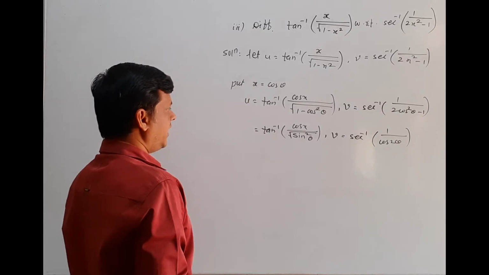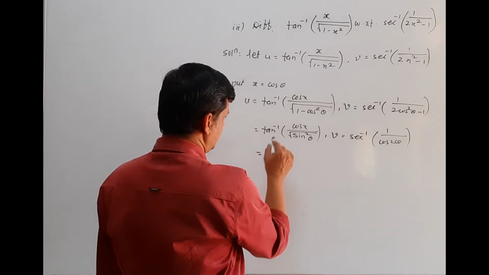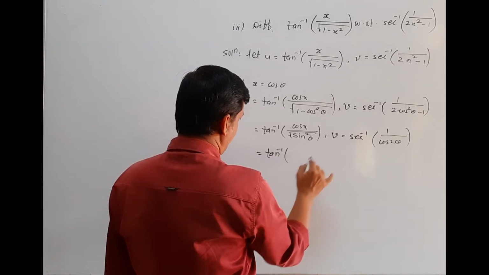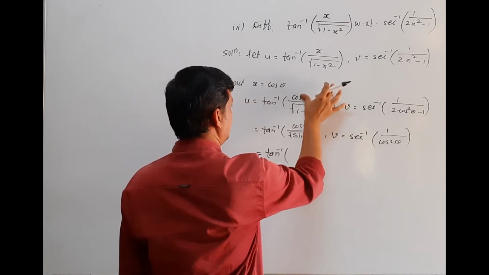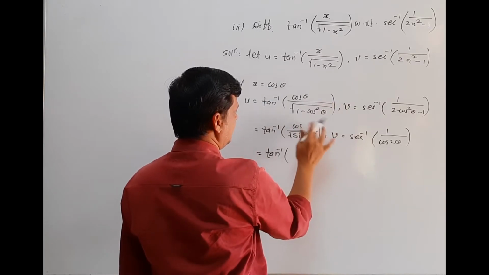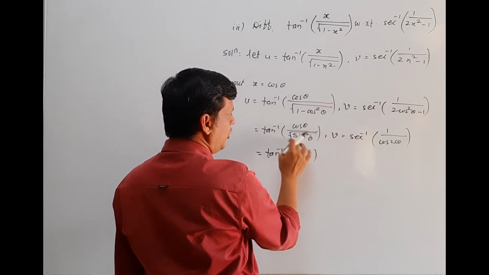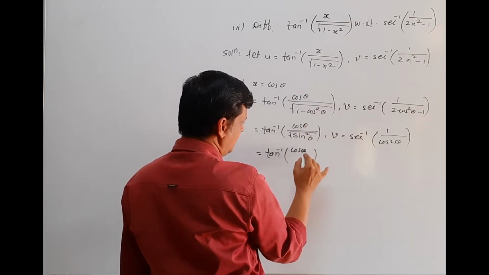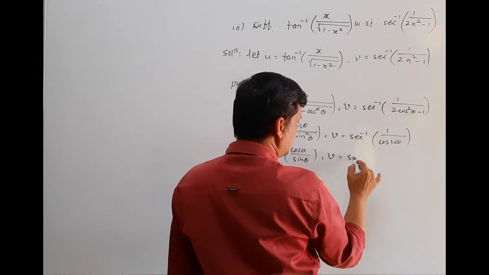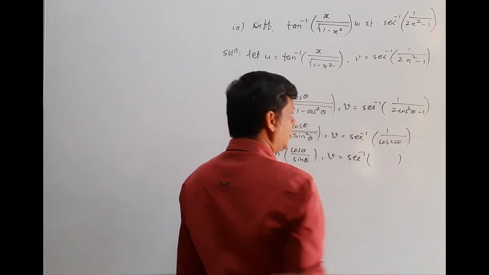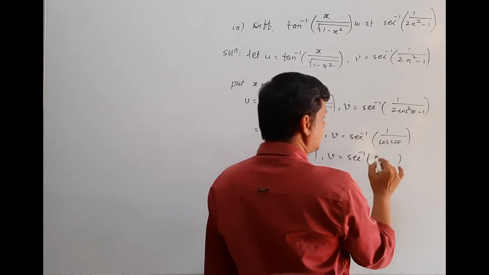So we write u as tan inverse of cos theta upon sin theta, and here we get v is equal to sec inverse of 1 upon cos 2 theta, which is sec 2 theta.